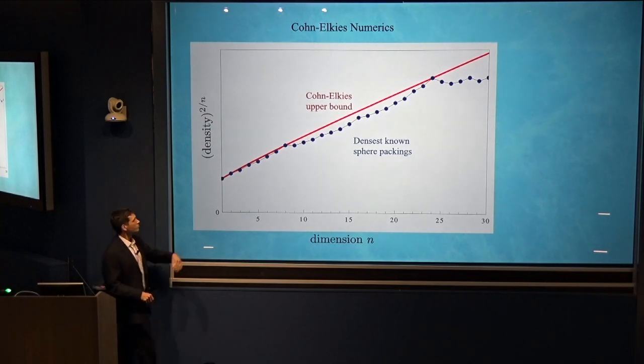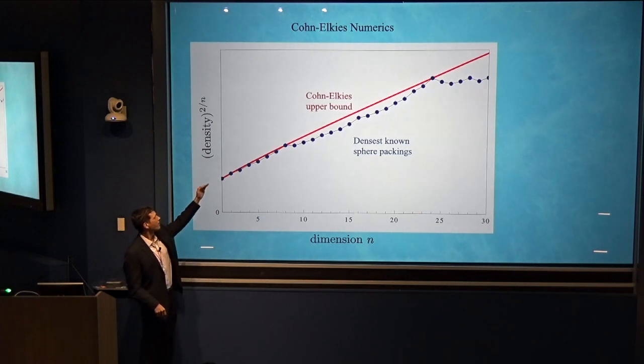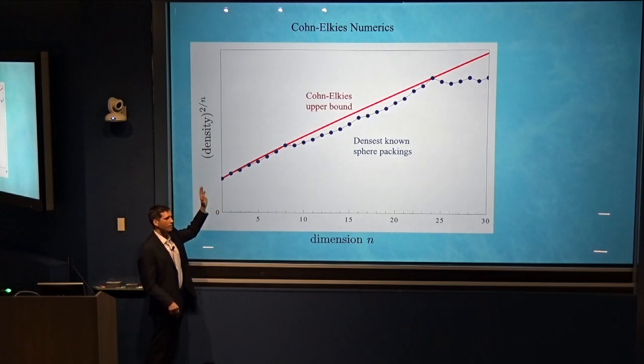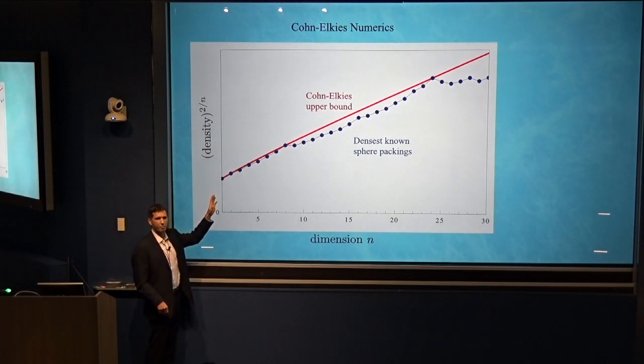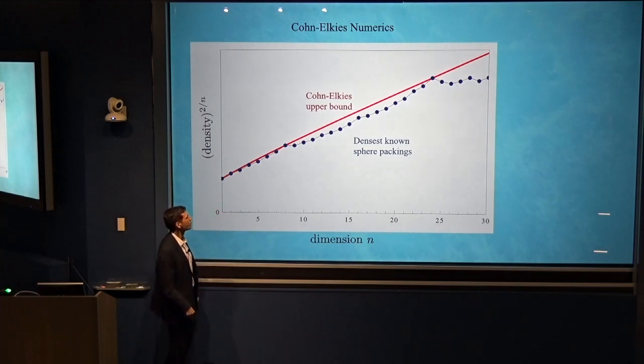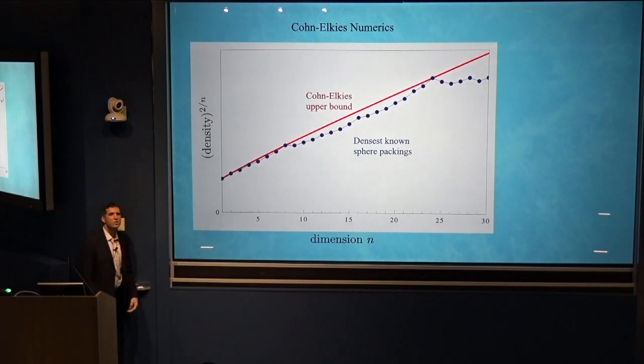What Cohn-Elkies showed was that the red line here, which is determined by a computer program, is an upper bound on the density of any sphere packing. All sphere packings have to lie below the red line. The blue dots are the densest known sphere packings in various dimensions.